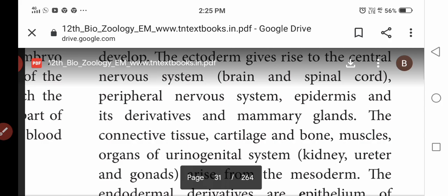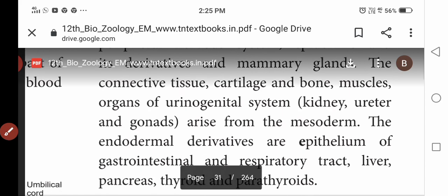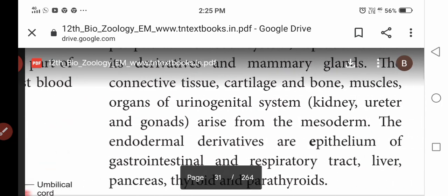So next one is the excretory system, genital tract, urinary-genital system, connective tissue, cartilages, bones, muscles. Everything comes from what? Mesoderm. So totally we say that the excretory system, bone, muscles, and urinary genital system are formed from the mesoderm.